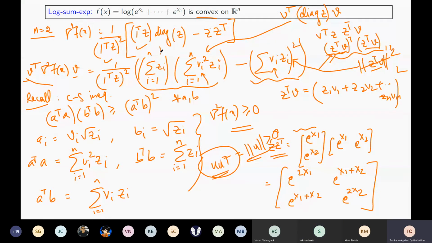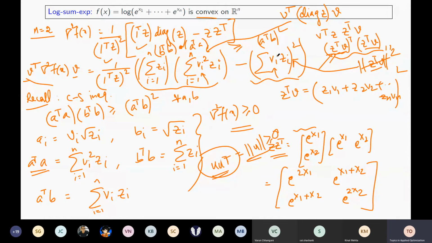So this is like B transpose B. And this is A transpose A, right? And this is like A transpose B whole squared. So B transpose B times A transpose A, or A transpose A times B transpose B, doesn't matter because they are numbers, so they can commute. So this by Cauchy squares must be greater than or equal to A transpose B whole squared.